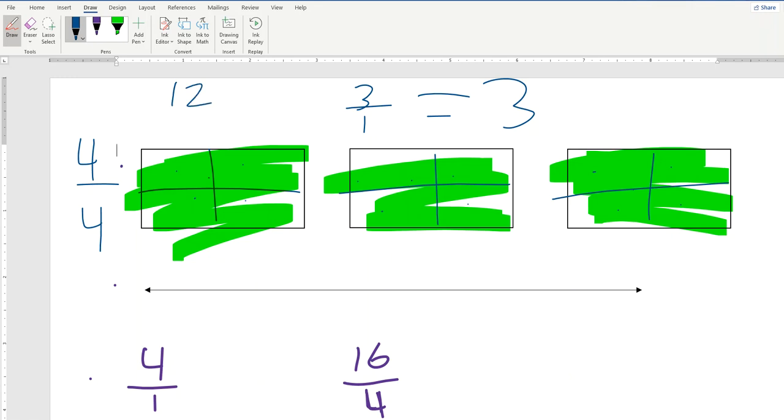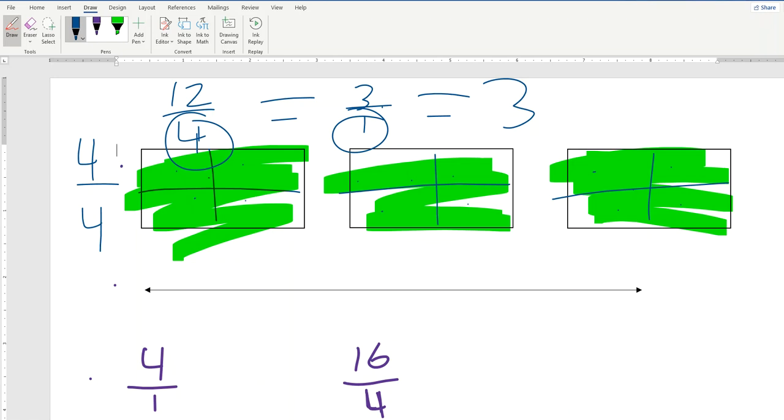We would have 12 out of 4, which also equals 3. Okay? So a whole is when we shade in the whole picture, but we have to think of what the whole picture looks like. Is the picture split up into 4 pieces? Is the picture split up into 1 piece? And how many of those pieces are shaded in? And what does that actually mean? It means I have 3 whole pieces shaded in.